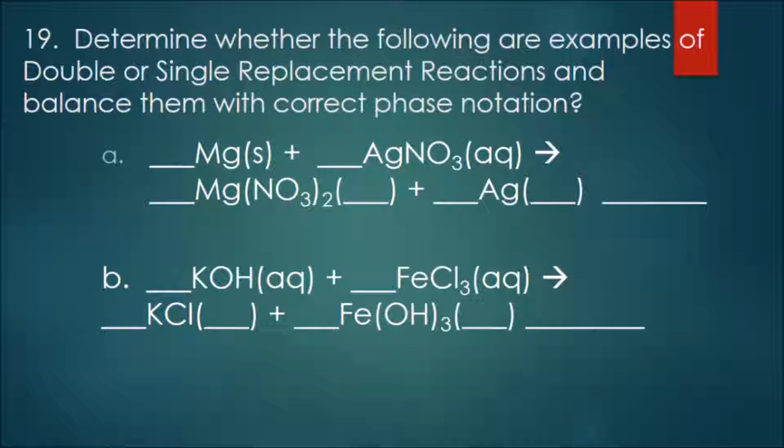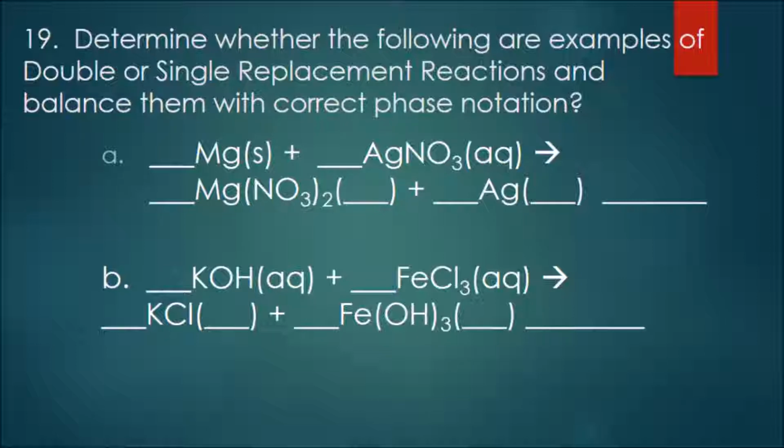Now you have two best friends instead of one. I'm going to call on those of you who volunteer to balance it, then another volunteer to tell me the phases, and then another volunteer to tell me whether it's single or double replacement.